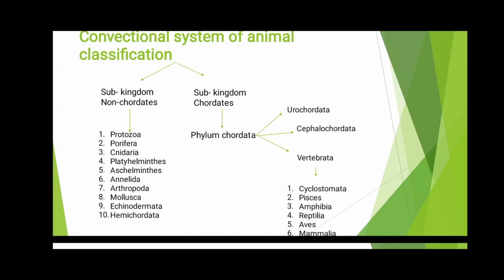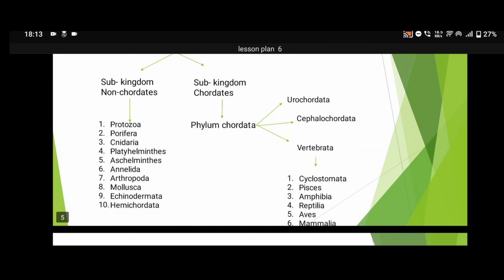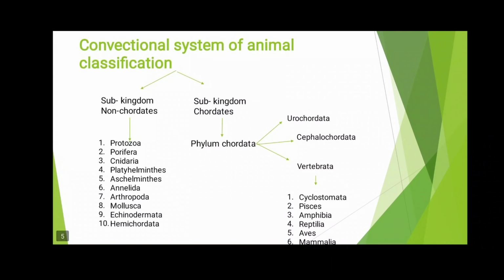So students, further we are going to study subkingdom chordates. Here we are going to study phylum Chordata. There are subphyla, and you have to remember them: Urochordata, Cephalochordata, Vertebrata.